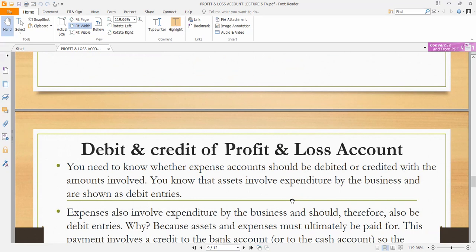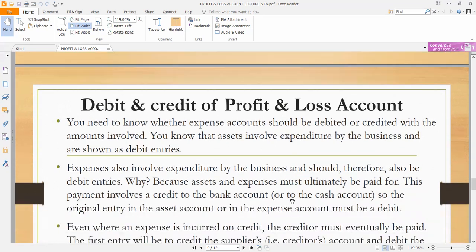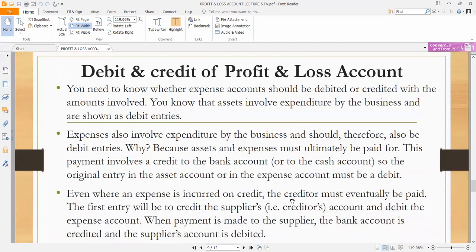So this case is the debit and credit of a profit and loss account. Now, you need to know whether expenses accounts should be debited or credited with the amount involved. You know assets involve expenditure by the business and are shown as debit entries.